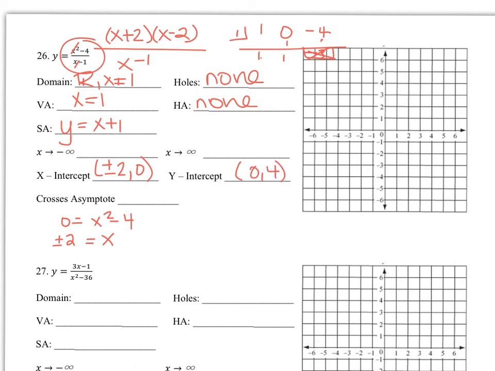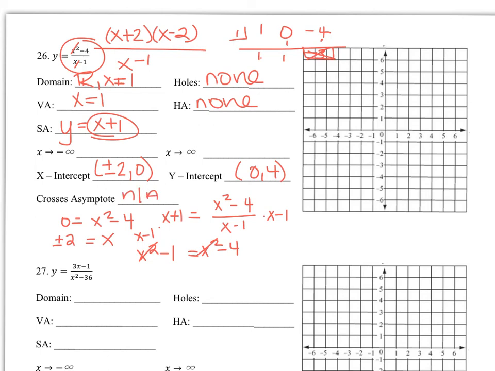To check whether it crosses the asymptote, I take my slant asymptote and set it equal to my function. Multiply by x minus 1 on both sides. I'm left with x squared minus 1 equals x squared minus 4. Sure enough, my x squareds cancel out, so no, it doesn't cross.